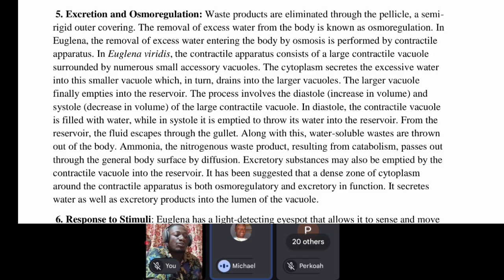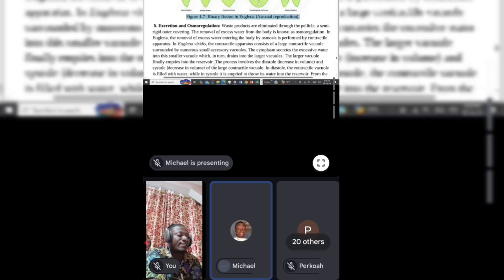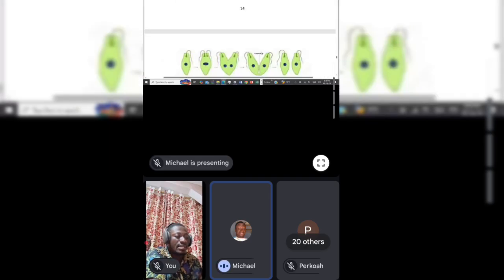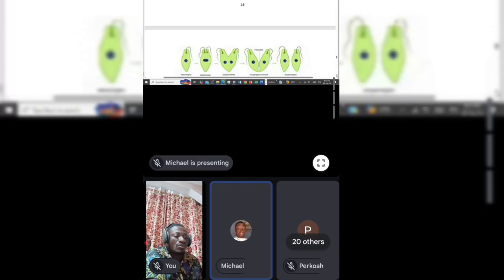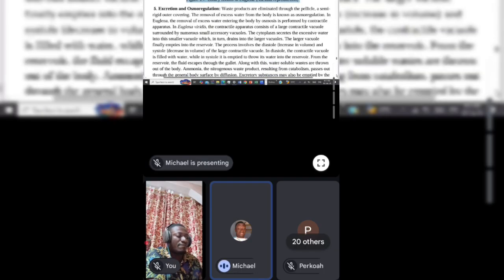Then it will drain into the larger vacuole. The larger vacuole finally empties into the reservoir. So this is the reservoir or the mouth pore. So it will come to this point here. That's the reservoir where the basal body is, then it will move out of the body of the Euglena. So it will come to the reservoir or the mouth pore.